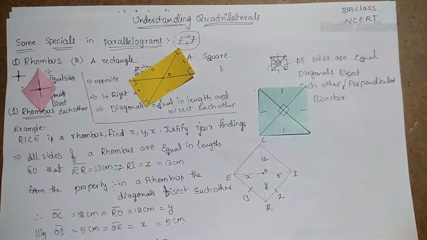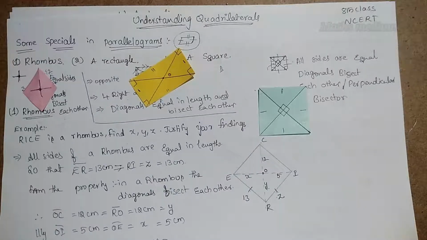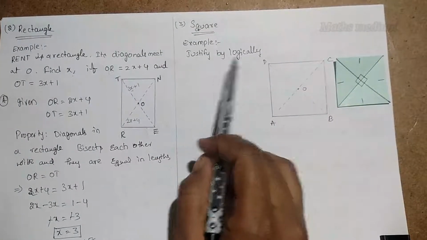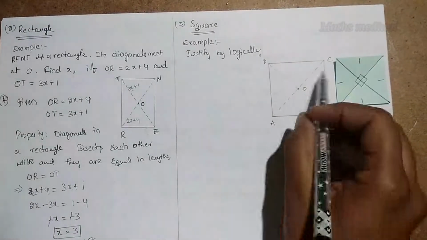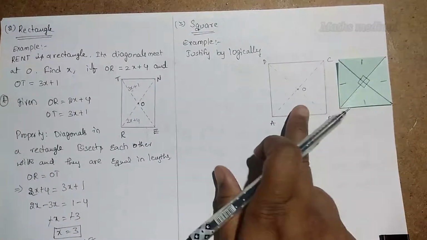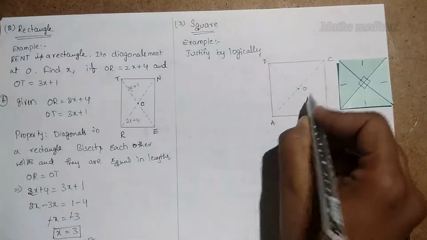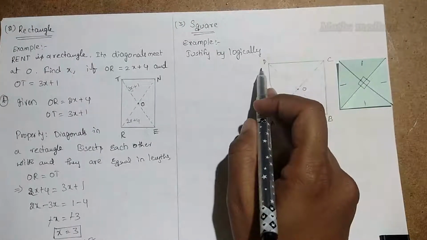Next, moving into the question, you will get a better understanding about the square, that is nothing but a parallelogram classification. See here, square, justify logically. So this is ABCD. See here, this is near to our assumption, a square. So this is point O, ABCD square.